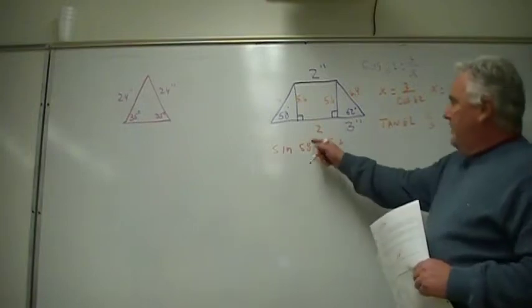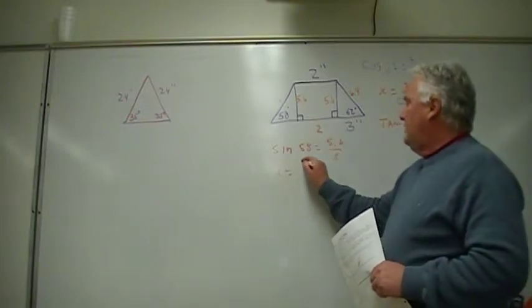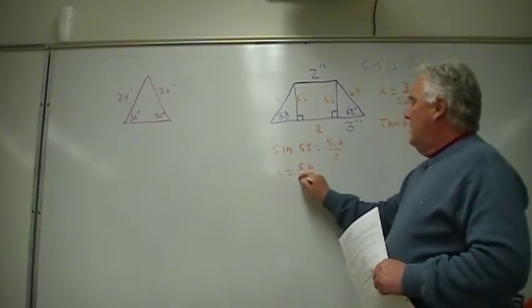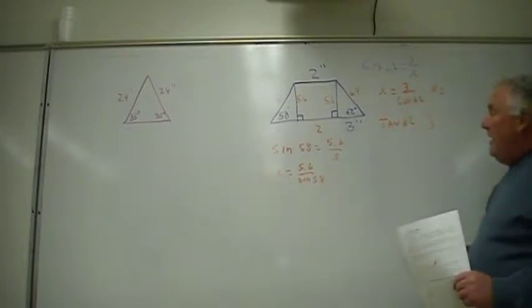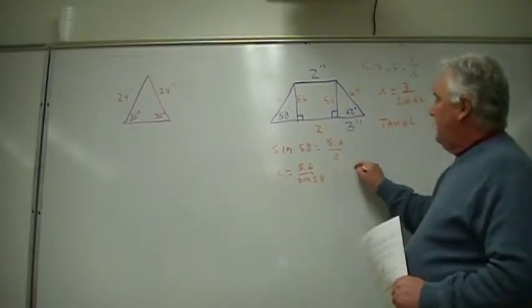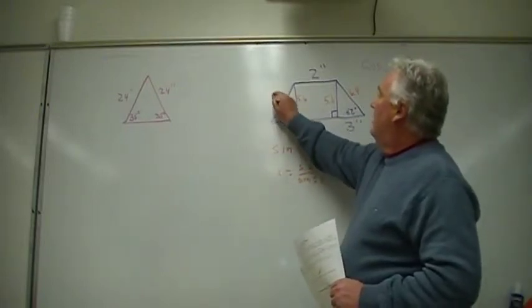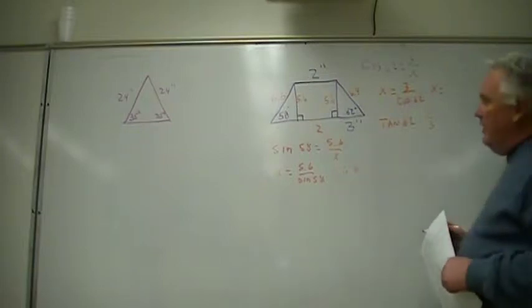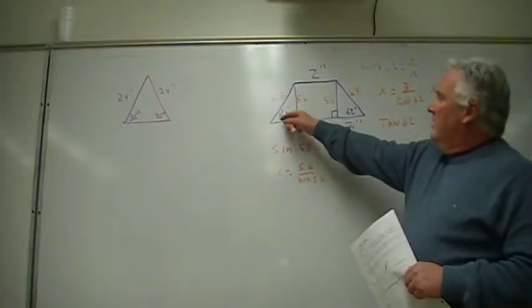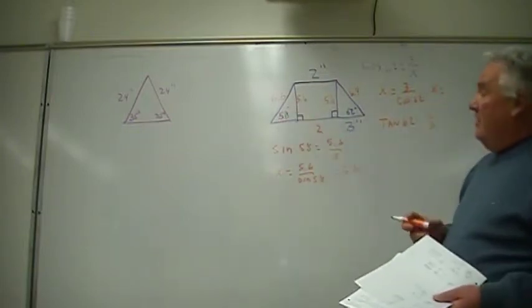And when we swap these out, we get x equals 5.6 divided by sine 58, that becomes 6.6. So 6.6 right there.